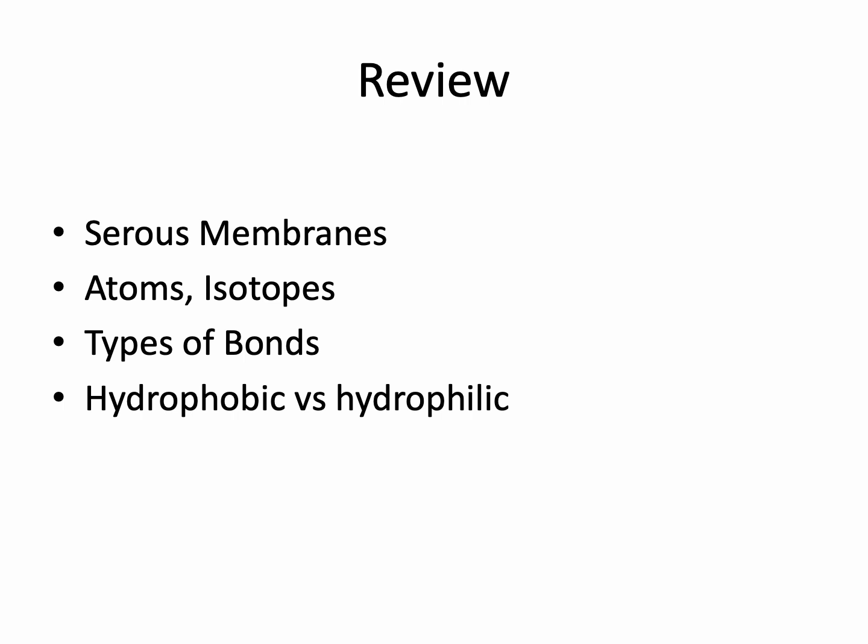We talked about the ventral cavity, which is divided into thoracic, abdominal, and then the pelvic cavity. We talked about serous membranes, the parietal layer, the visceral layer, a little bit about atoms and isotopes, types of bonds, and hydrophilic versus hydrophobic.